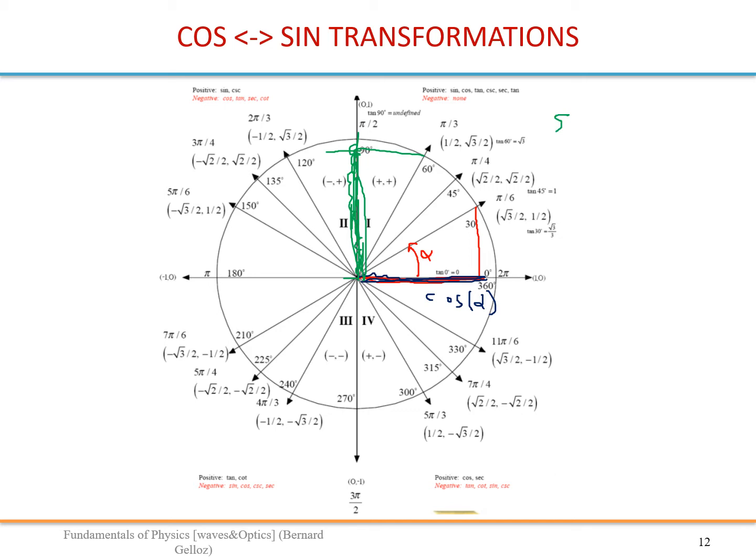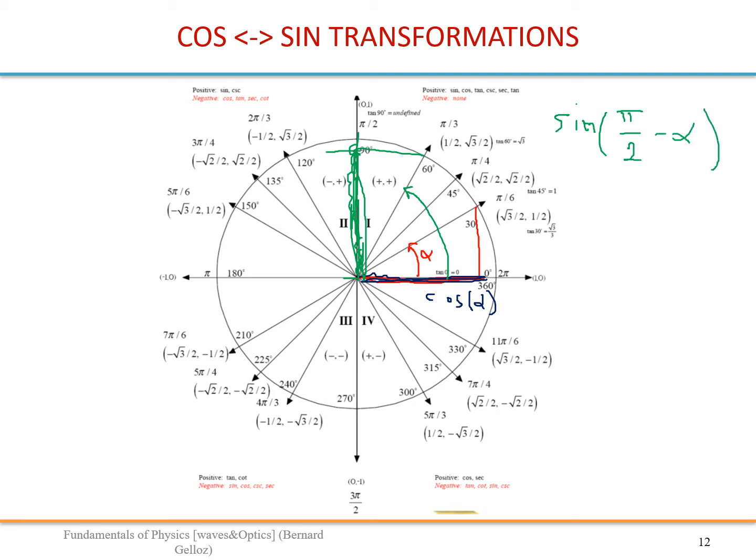And in fact, looking at that, what is it? It is a sine of this angle. And this angle, compared to this one, is pi over 2 minus alpha.